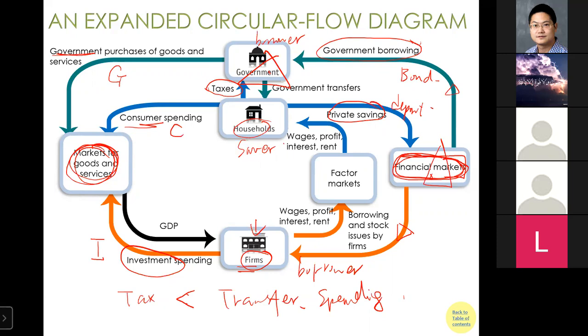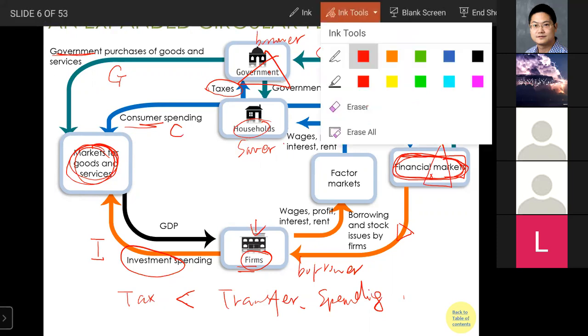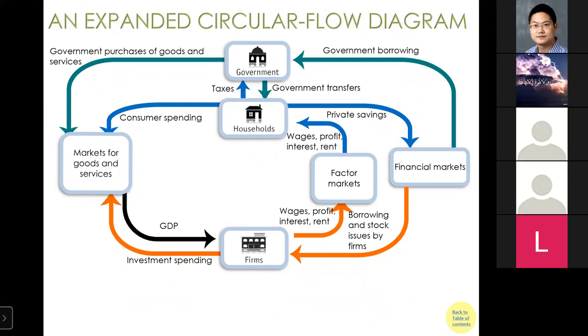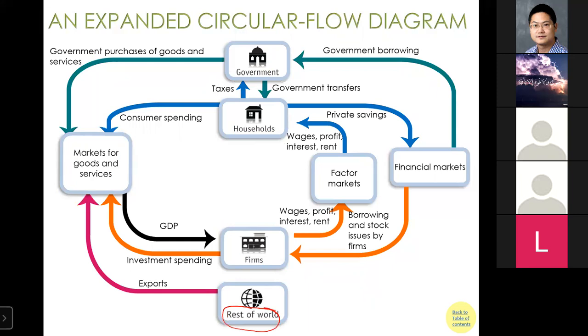Okay, so now we are going to make it further complicated. Now let me erase everything. We add the last element, which is the rest of the world. Think about Mexico, Canada. Okay. How does the rest of the world interact with us? The rest of the world may also purchase goods and services that were produced. Now look at the goods we produce, or look at spending.